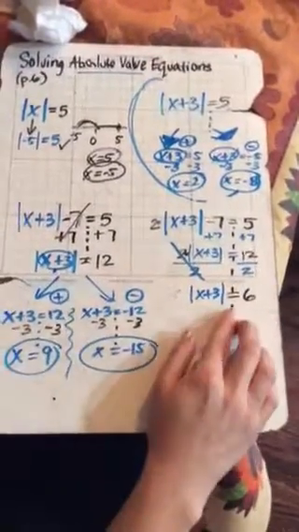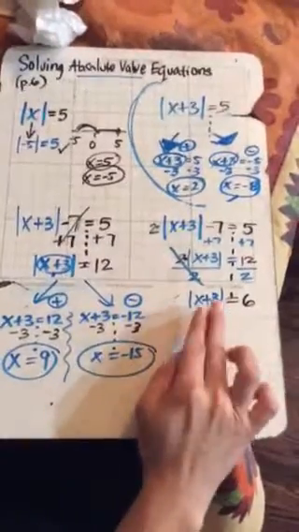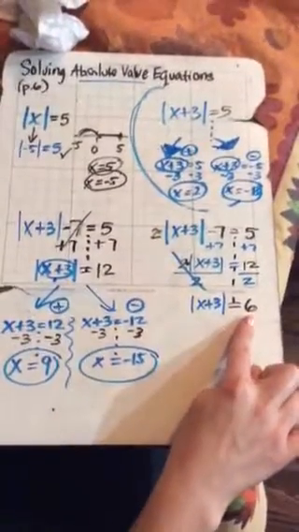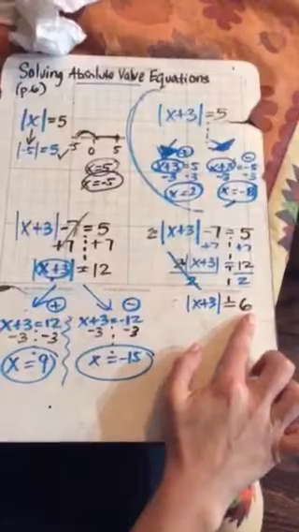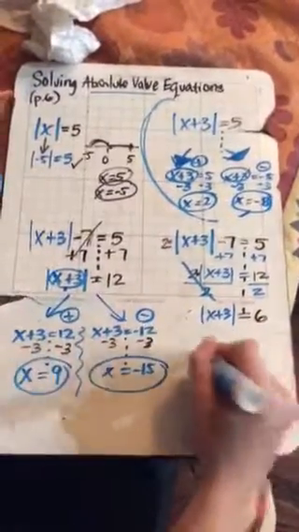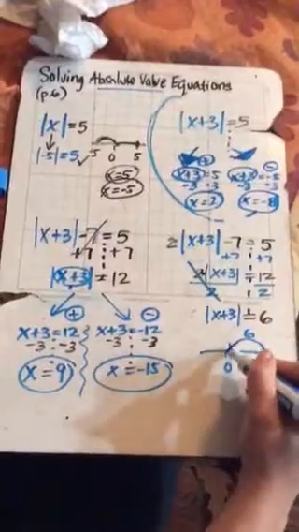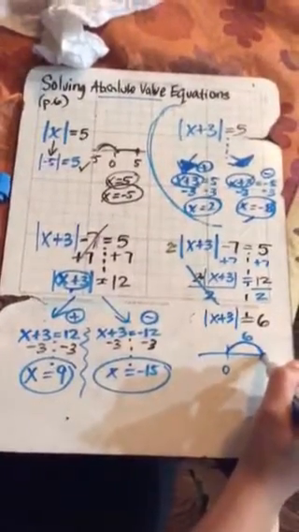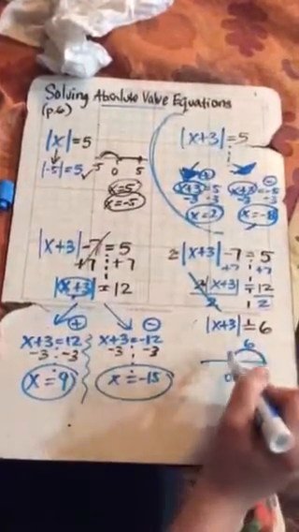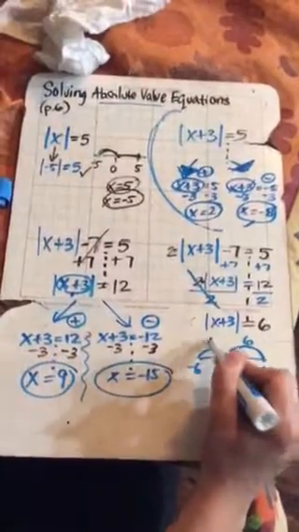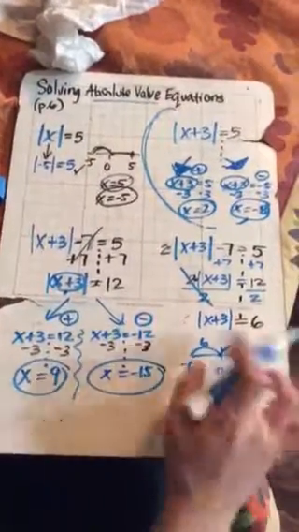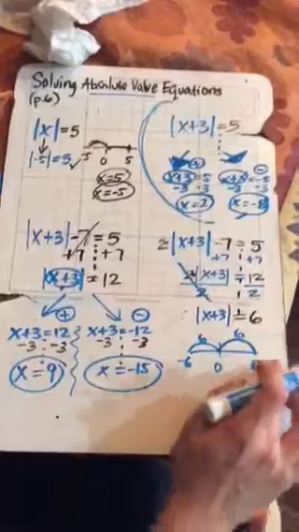So here I'm going to make my 2 cases, because the distance that I'm talking about now is 6. I can visualize that. The distance from 0. 0 to what is 6? 0 to 6 is 6, or 0 to negative 6 is also 6. So this is the distance we're talking about.